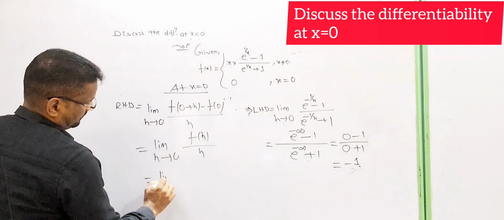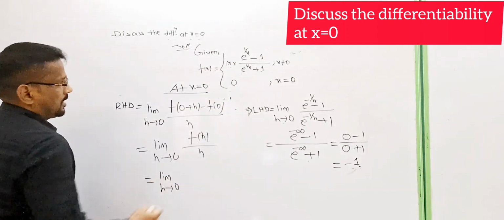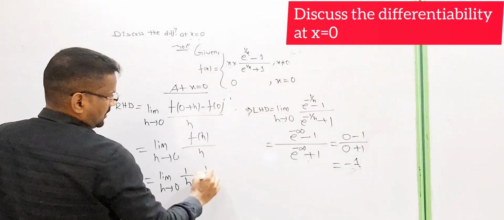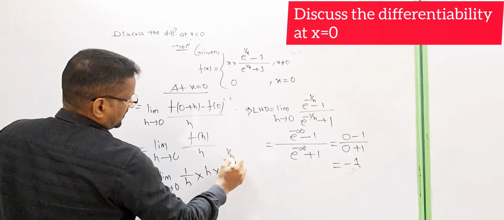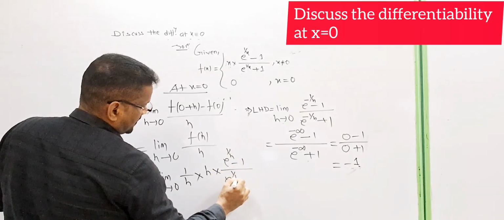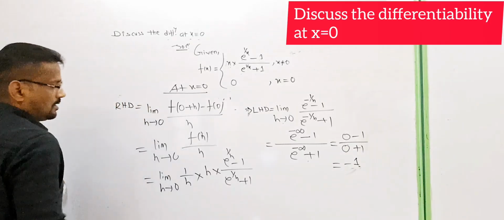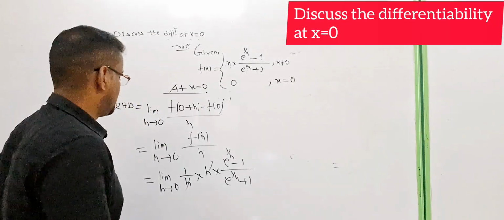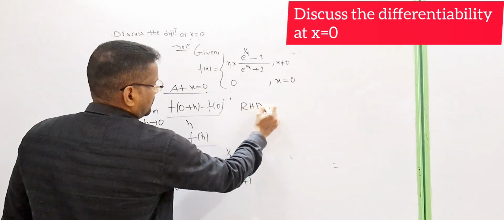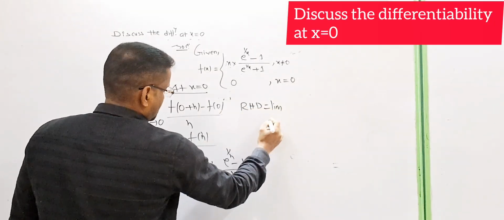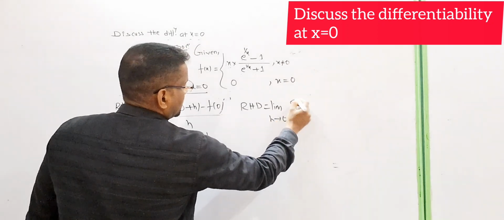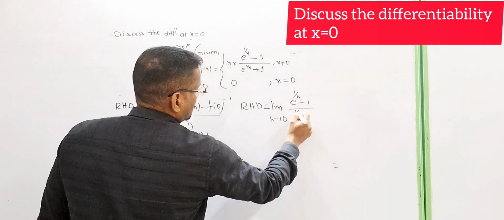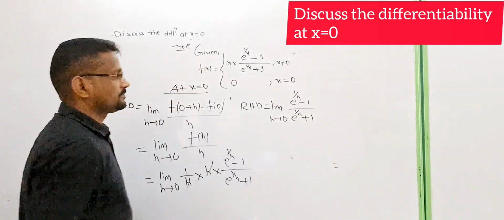Equal to limit h tends to 0, and f of h is h into e to the power 1 by h minus 1 by e to the power 1 by h plus 1. Now h is cancelled out. Then you are left with right hand derivative equal to limit h tends to 0, e to the power 1 by h minus 1 by e to the power 1 by h plus 1.